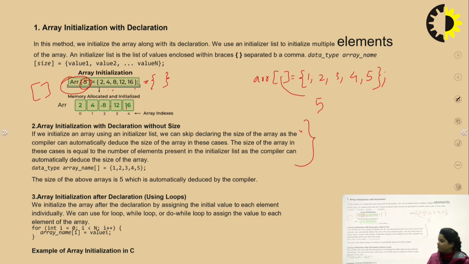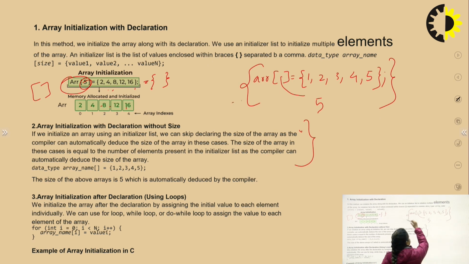So let's see an example. Let's suppose you want to put 5 elements in the array.